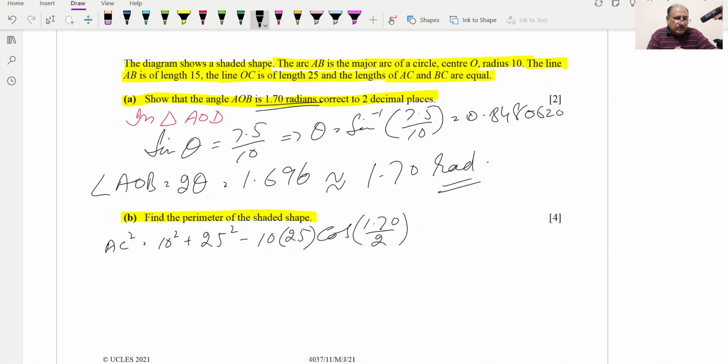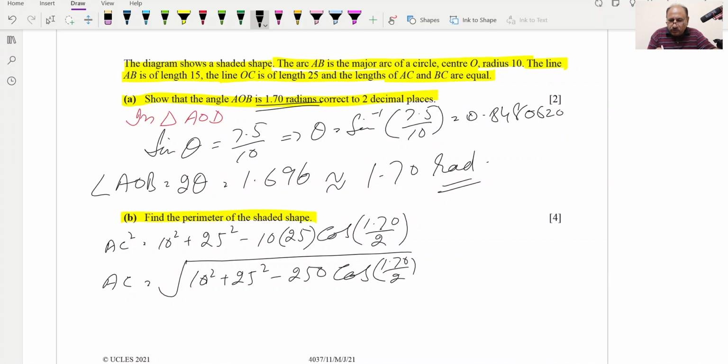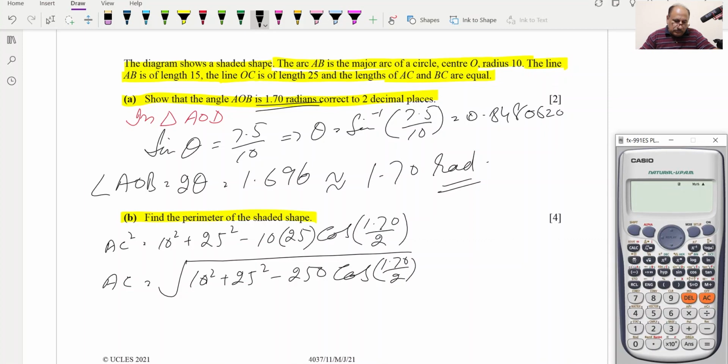Now AC will be equal to the square root of the same thing, so we can copy this one: square root of 10 squared plus 25 squared minus 250 cos of 1.70 over 2, bracket close, and this will be equal to 21 point.